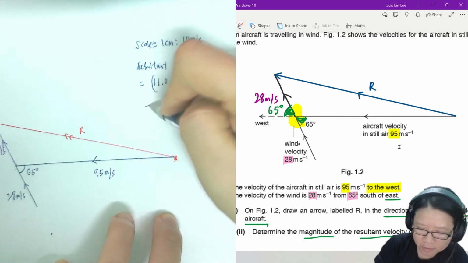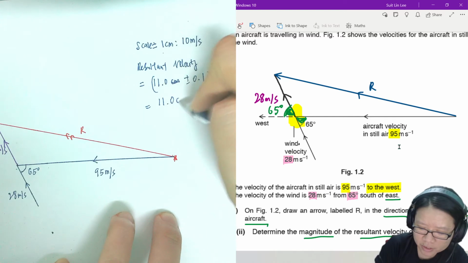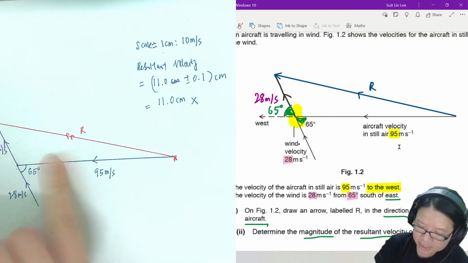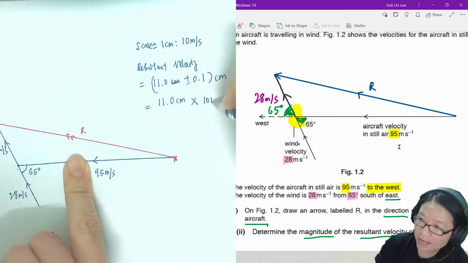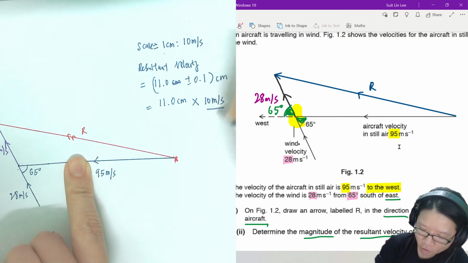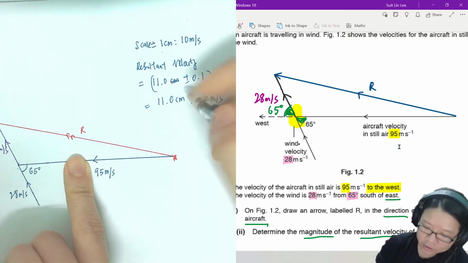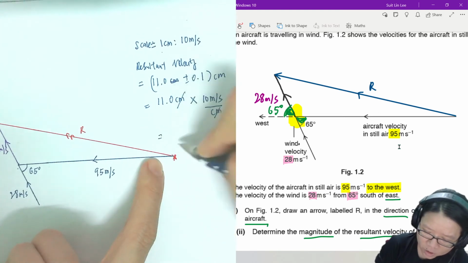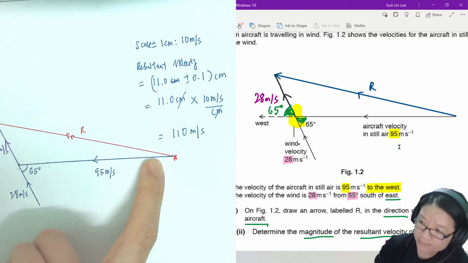But this is a theory paper, so we can stick to 11.0 cm. You have to multiply this by the scale. The scale is 10 meters per second for every cm, so the cm and cm will cancel, and what you get is 110 meters per second, which is the speed of the aircraft.